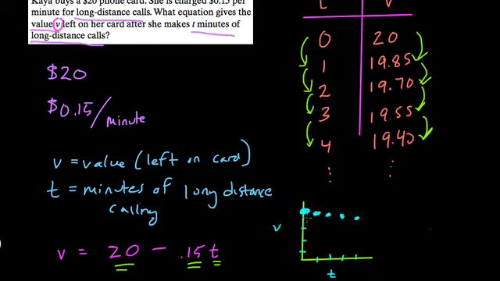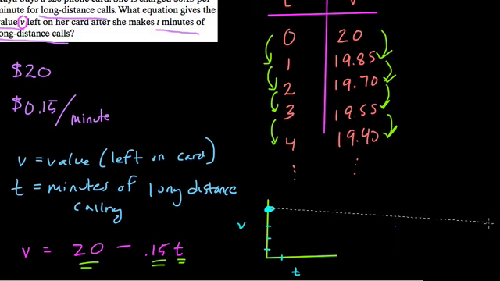In fact, the way I just drew the graph, the line would be even less steep, 0.15, not a very steep line at all. If my graph is going by 5, 10, 15, you really have to go a long way before you reach $15 left on the card.